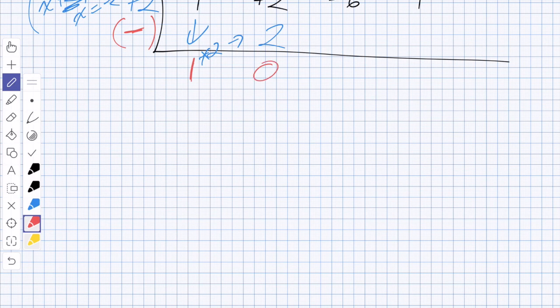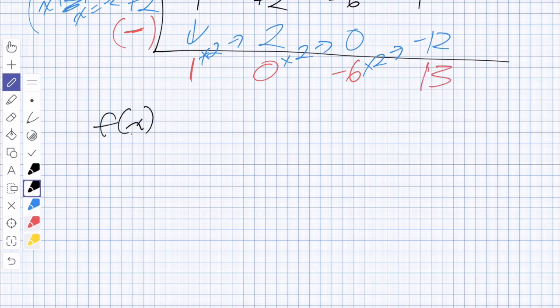So far the coefficients are the same. We multiply again by our 2, still 0. When we subtract, we get negative 6. And then when I multiply by 2, I get negative 12. Well, 1 subtract negative 12 is the same as adding. We get 13. And lo and behold, this is actually the exact same thing we had done before.